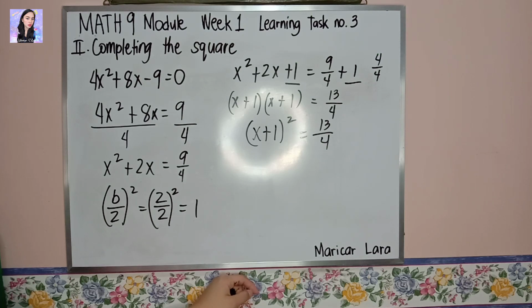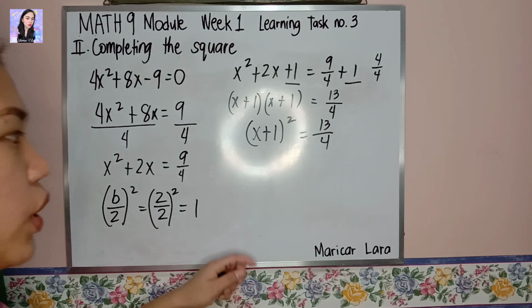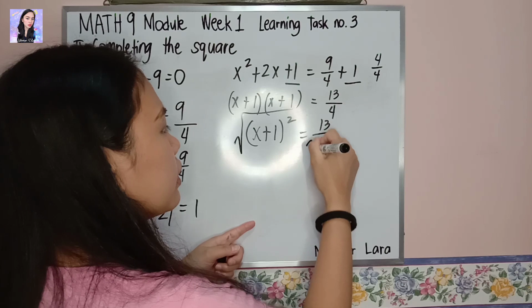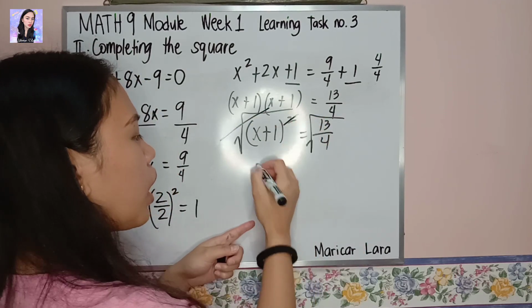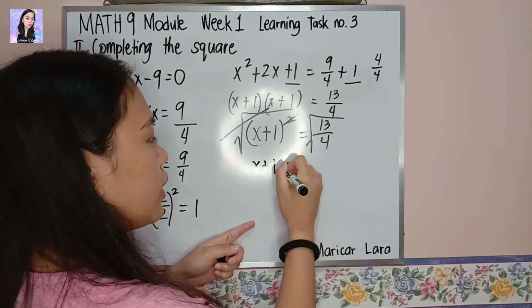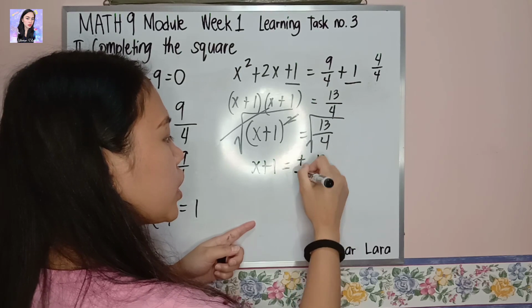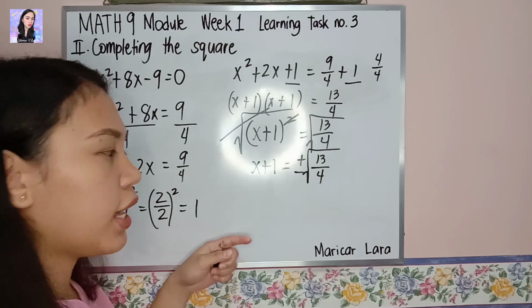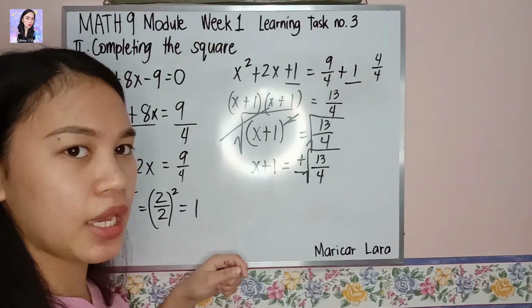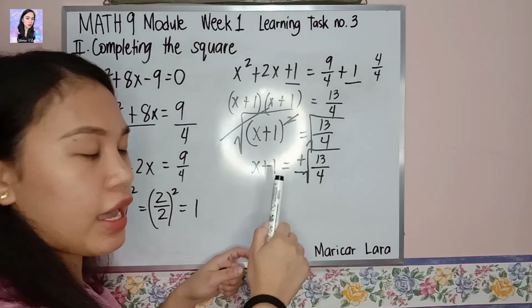And then next step ay extract the square root. So makakancel na natin to. Ang matitira na lang ay x plus 1 equals positive and negative square root of 13 over 4. And then apply natin dito ang APE para matitira na lang ay x.